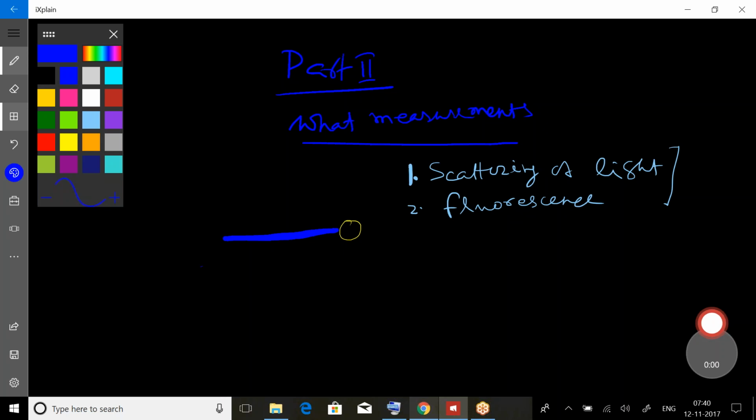So we'll start with scattering. Why does light scatter at all?